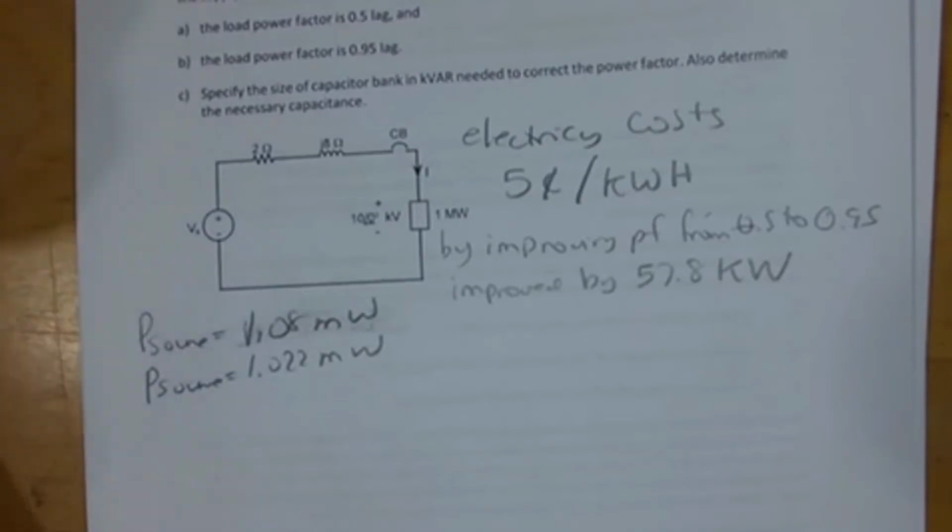So if you take the difference between those two, what do you get? I hope it's 57.8 kilowatts, or something in the ballpark of that. Maybe it's 58 because I rounded. Okay. Well, just to be consistent, let me make it a 58.